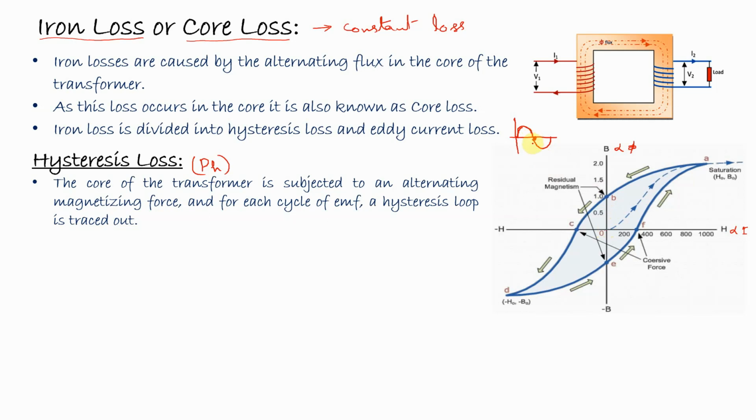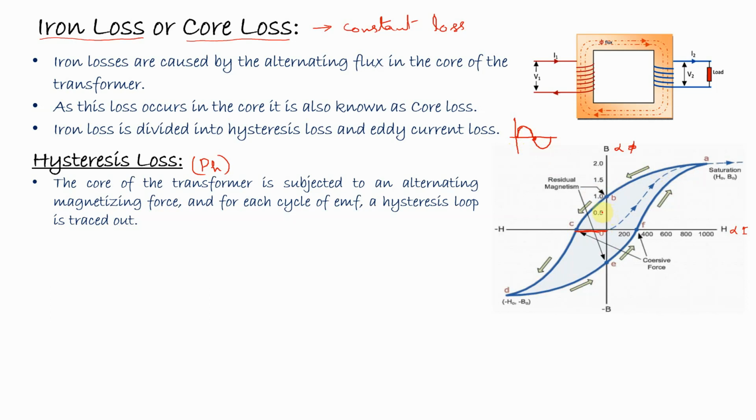Now, when the current is going in the opposite direction, then the magnetic field will develop in the opposite side, but initially some amount of opposing force will be required to demagnetize this residual flux which is produced because of the positive half cycle current. So again, this amount of force will be lost. Therefore, when the power supply is continuously on, this type of B versus H characteristic will be created in the material.